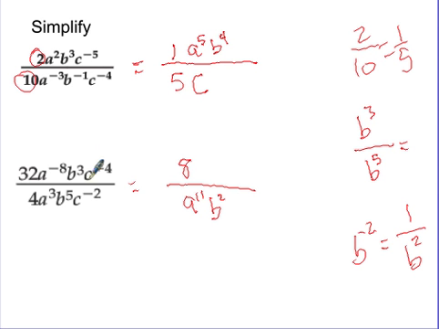All right. Negative 4 minus negative 2 is negative 2. That's on top, so I need to put c squared on bottom, right?